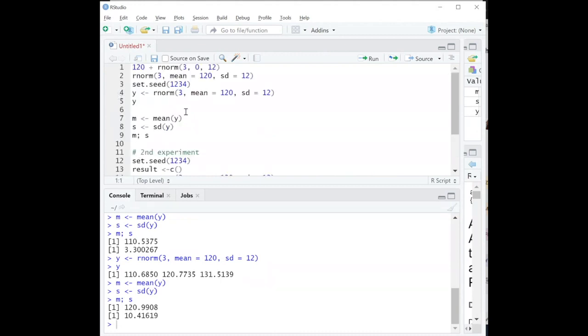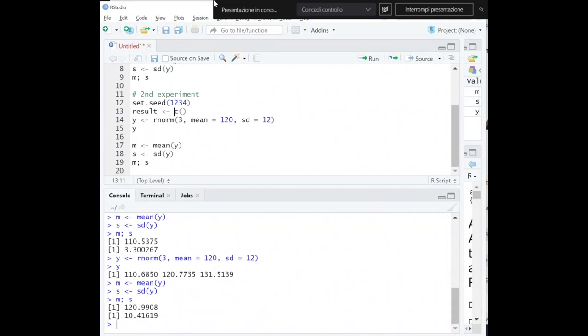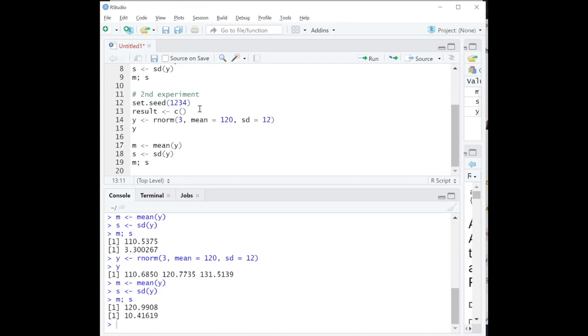It's very difficult with this keyboard. You see what I've done here? I'm creating an empty vector. Result is assigned; this is just an empty vector. It is just to tell R to prepare this vector, because now I'm going to fill it up with the means. But it's empty so far.